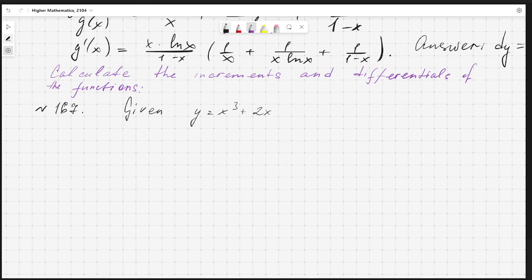Find delta y and dy when x is minus 1, delta x is 0.02.